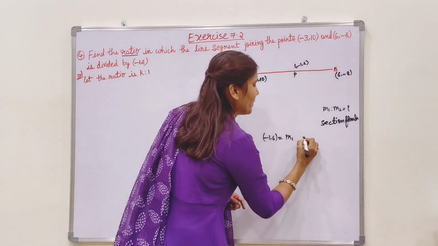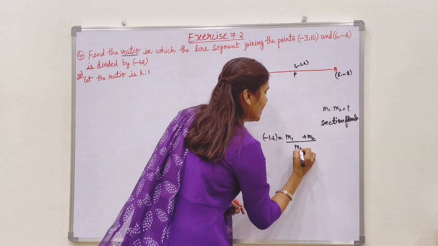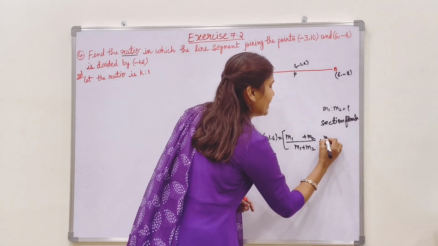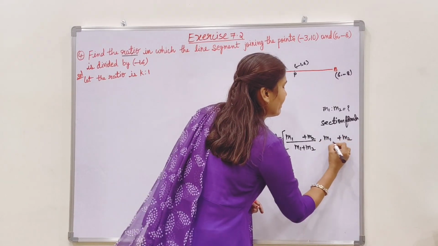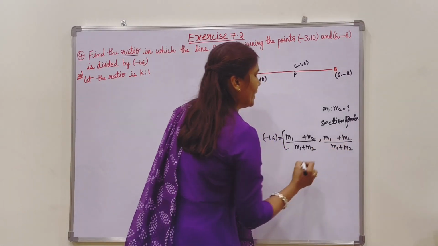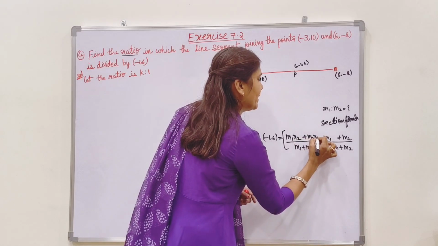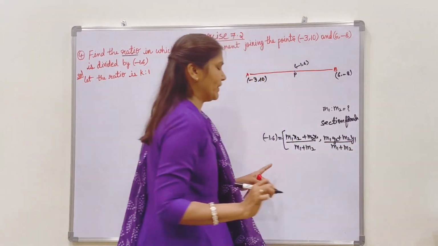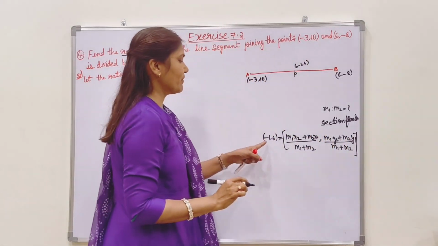The section formula, in short form: M1 X2 plus M2 X1 divided by M1 plus M2, comma, M1 Y2 plus M2 Y1 divided by M1 plus M2. Generally, when the ratio is given and you are asked for a coordinate, we use the section formula.